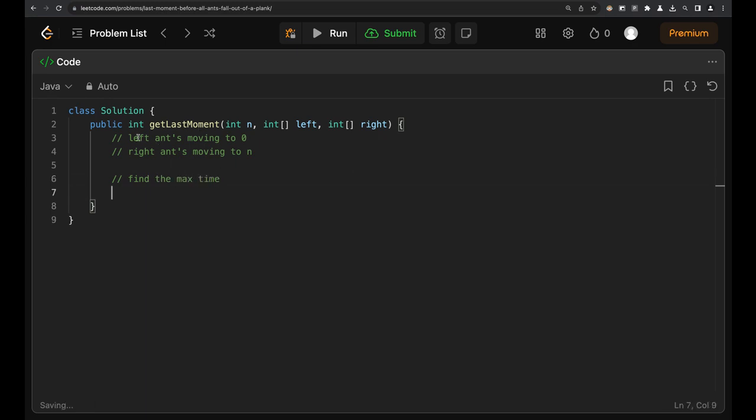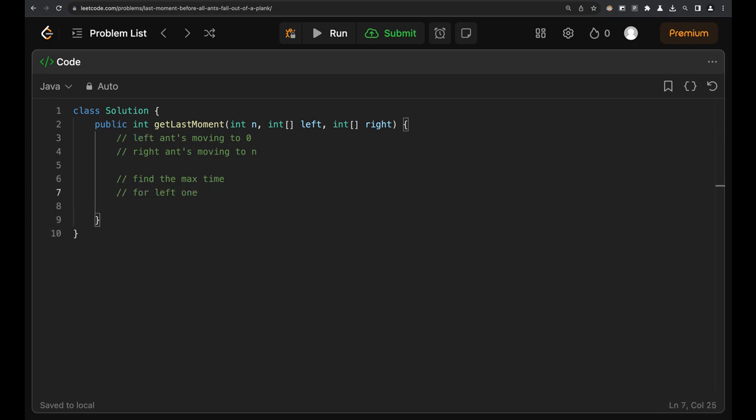The maximum time for a left ant is to completely move to the zeroth index, and hence the maximum time would be determined by the farthest right point.